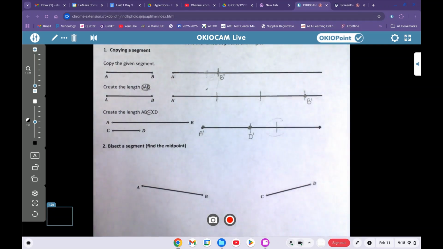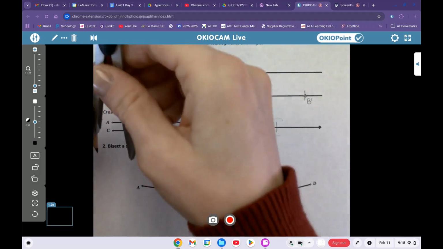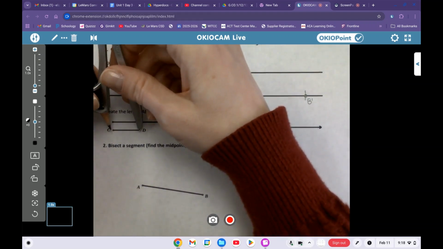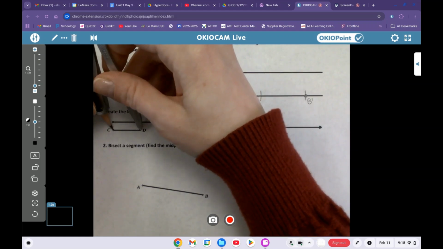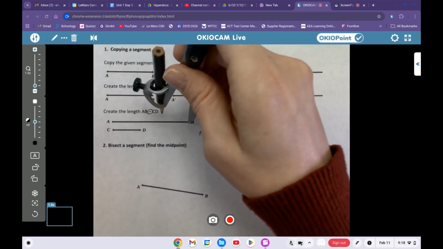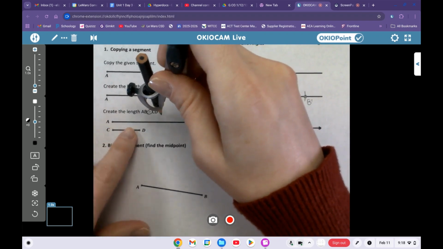Okay, did someone see a different way that one could have been done? Tell me what you did there. Okay, so they said that they measured CD like this here, and they went like backwards on the original segment, right?